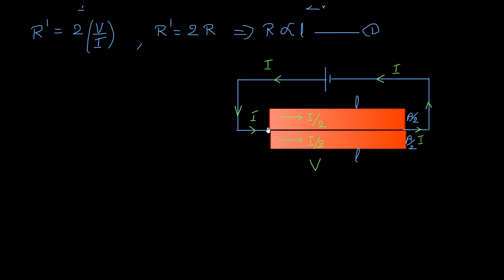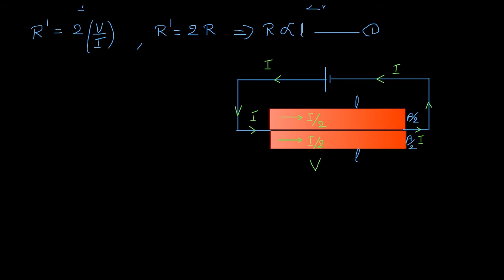If I is the current passing through this combination, potential difference across ends of each conductor is V. As the current I reaches the combination, it gets split into two parts. I by 2 current passes through the first half and remaining I by 2 current passes through the second half of the conductors. And when it reaches the other end, the two currents join as I and flows through the circuit.